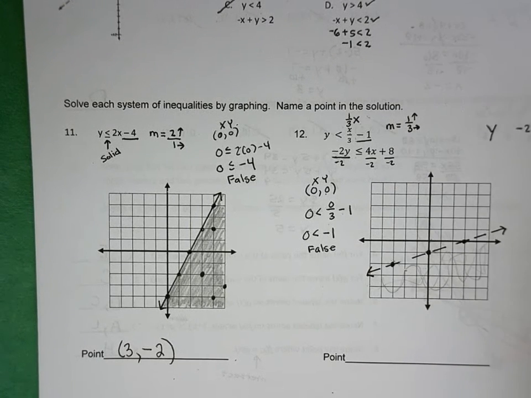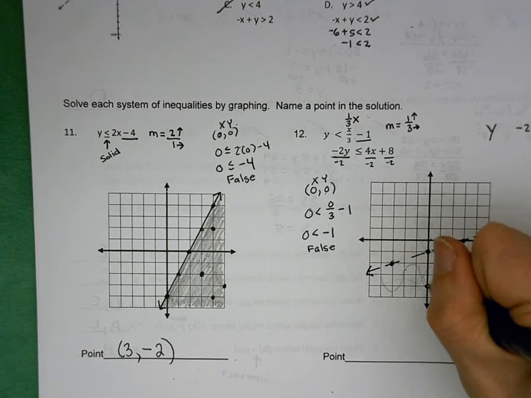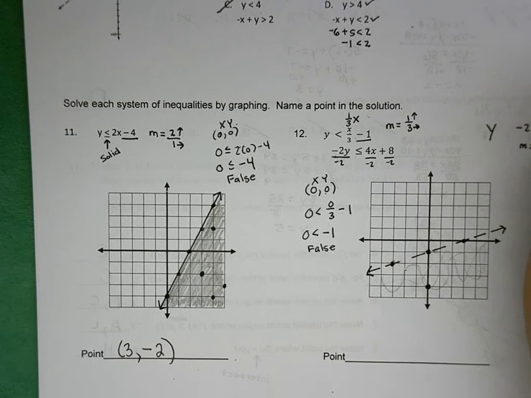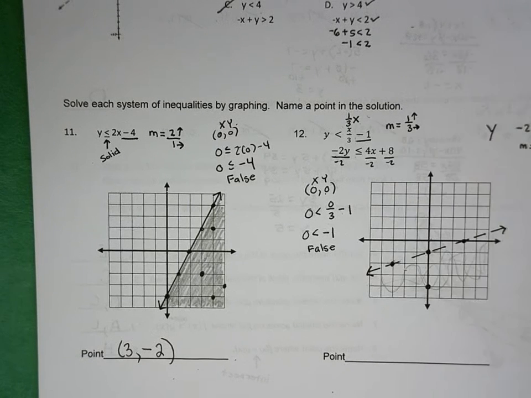So my b is -4. So I'm going to start down here, 1, 2, 3, 4. And my m is -2. Because it doesn't have a denominator, I'm going to put it over 1, which means I'm going down 2.